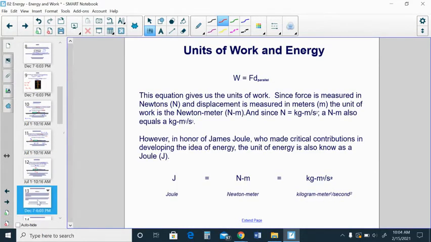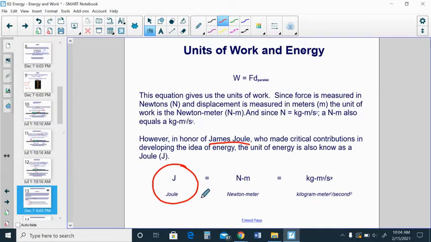Now the units of work and energy, just really quick, it's the joule. Now where that comes from is it is in honor of James Joule, who made critical contributions in developing the idea of energy. So we call the unit of energy the joule.